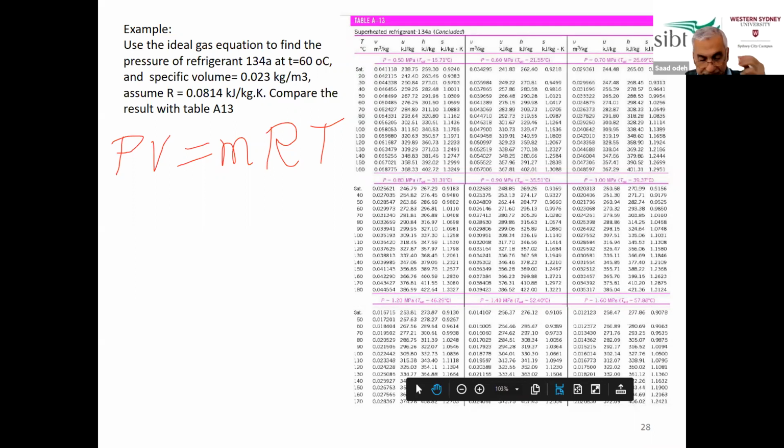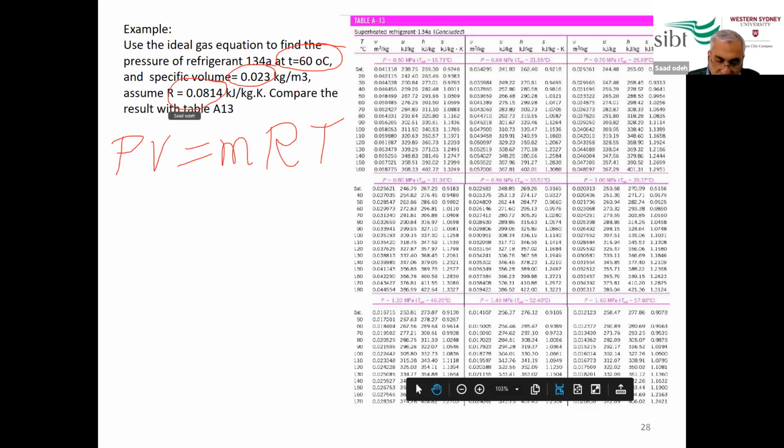And I want to compare the value in the table with the value from the equation. So in this example, we need to use the ideal gas equation to find the pressure of the refrigerant. We have been given all the information. We have the temperature, we have the specific volume, and we have also the R value.